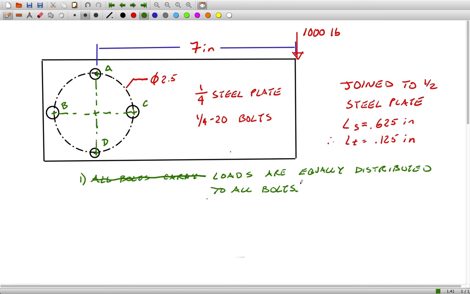Let's just say that the direct shear carried by every bolt is going to be equal. The component of torsional shear carried by every bolt is going to be equal, but when you sum those things up, they're not necessarily going to be equal.